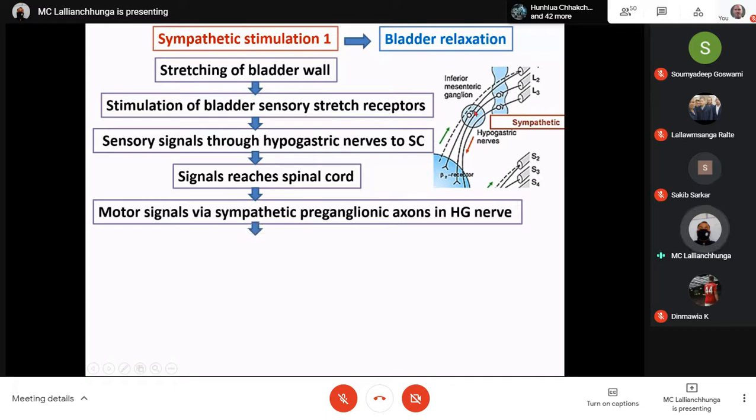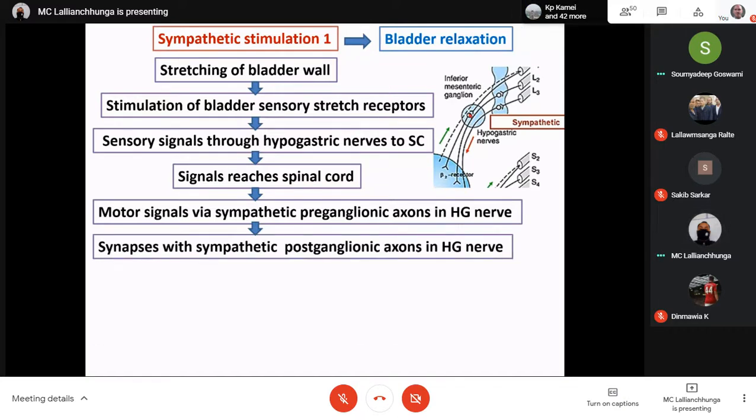But before reaching the urinary bladder, there is a ganglion. Here it will synapse with another neuron. This is known as the postsynaptic neuron, and this is known as the presynaptic neuron in this case. Motor signals travel via sympathetic preganglionic axons in the hypogastric nerve and synapse with sympathetic postganglionic axons.